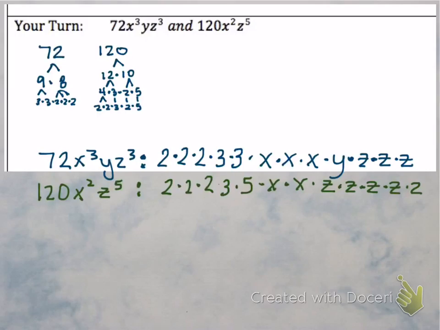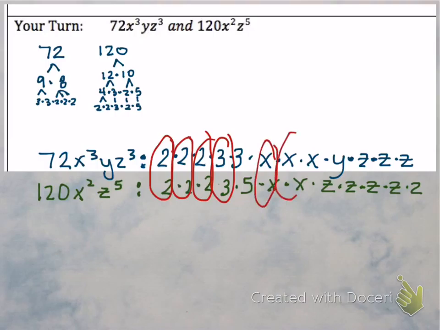So I've listed out the prime factorization of each of the monomials, and then for our GCF, we want to see what they have in common. So we've got factors of 2 and a factor of 3. We've got 2 factors of x that match, and we've got 2 factors of z that match.